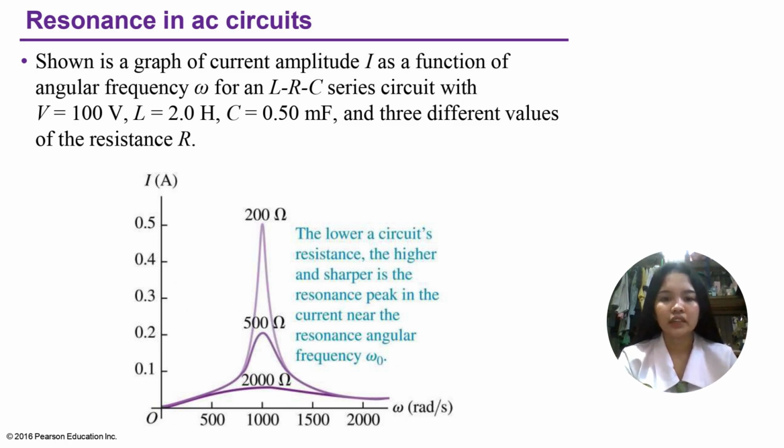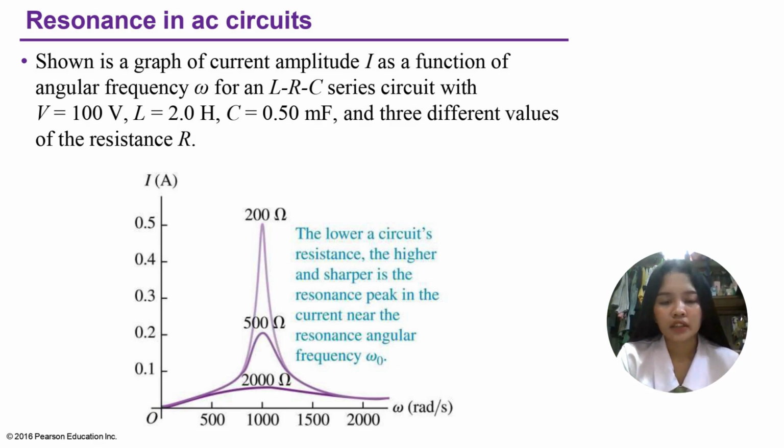Resonance in AC circuits. Shown is a graph of the current amplitude I as a function of the angular frequency for an LRC series circuit with V equal to 100 volts, L equal to 2.0 henry, and capacitance equal to 0.50 microfarad, for three different values of resistance.